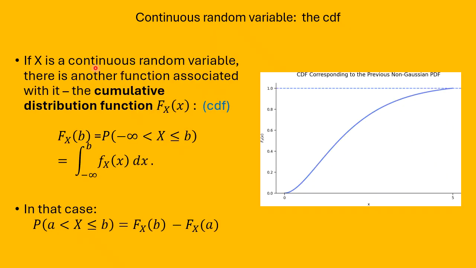Still talking about continuous random variables, there's another function called the cumulative distribution function. I'm going to call that cumulative distribution function capital F sub capital X, and we can evaluate this function at a real number x. Often the cumulative distribution function looks something like this.